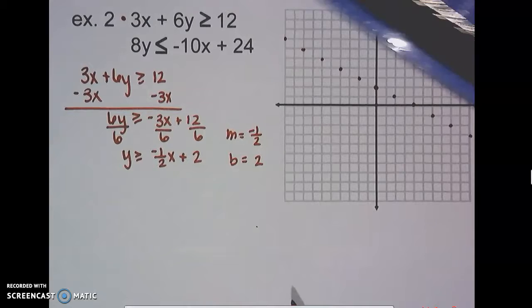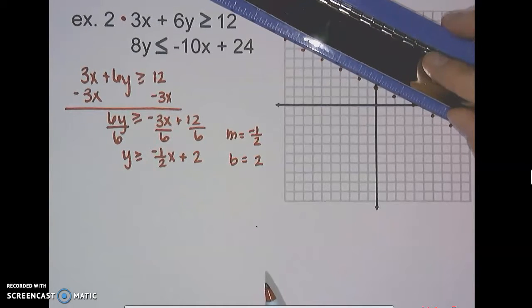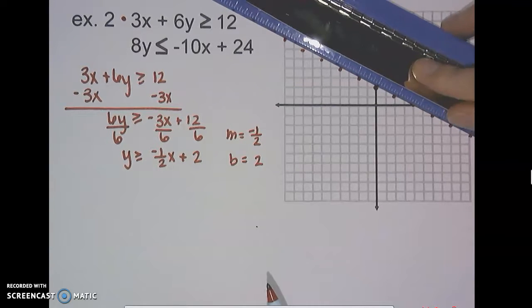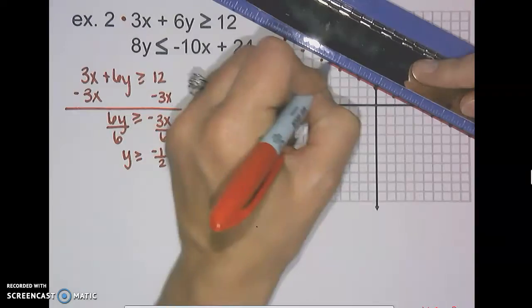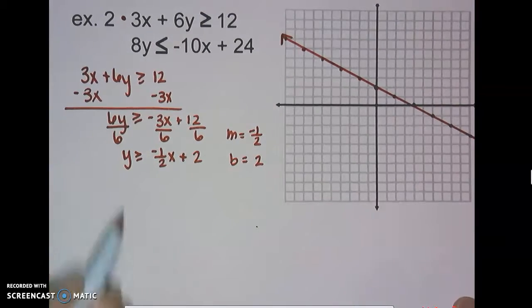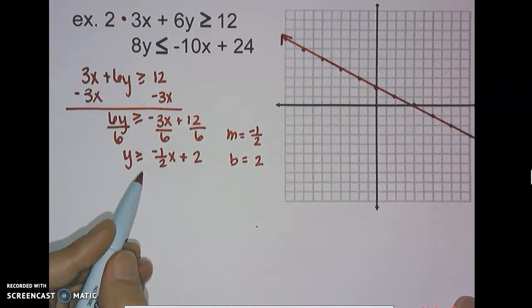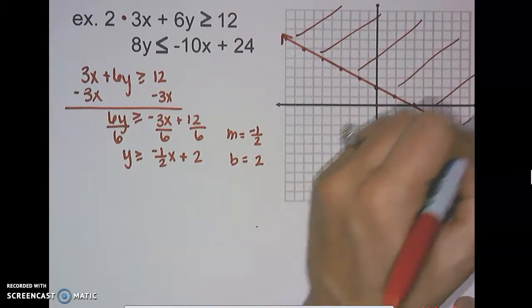Okay? So once we're here, since it's y is greater than or equal to negative 1/2 x plus 2, we're going to connect these with a solid line all the way through the graph. And it's y is greater than or equal to, so we're going to shade above.